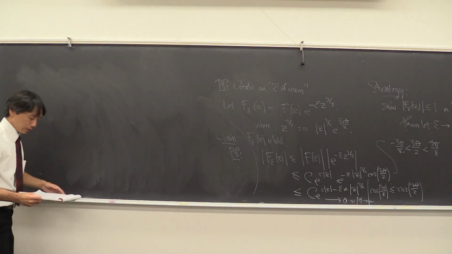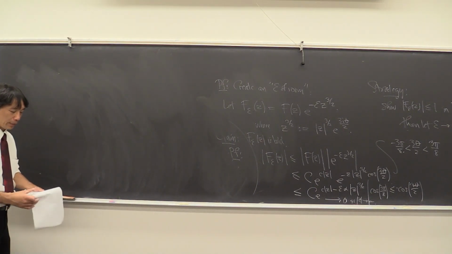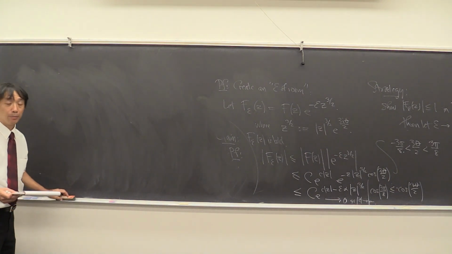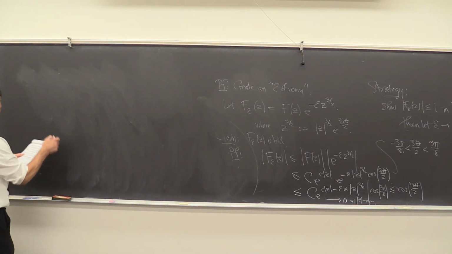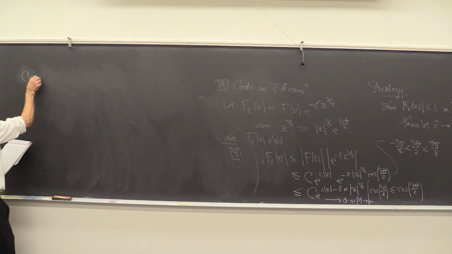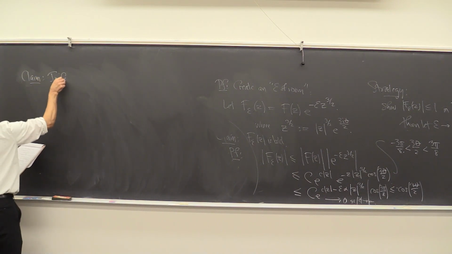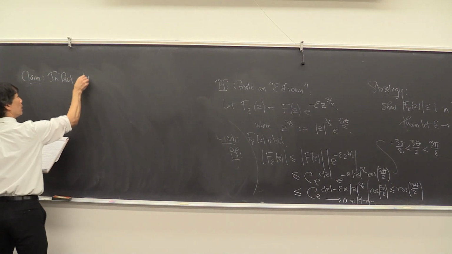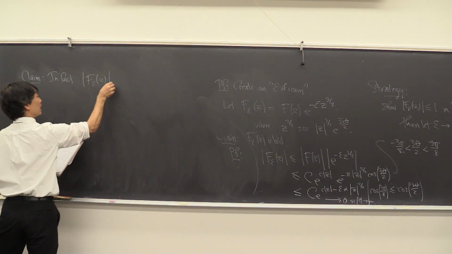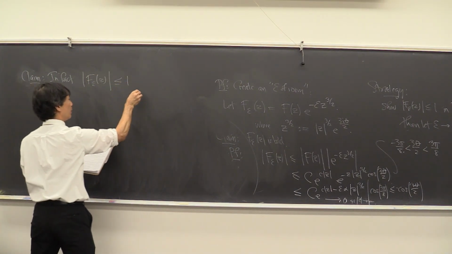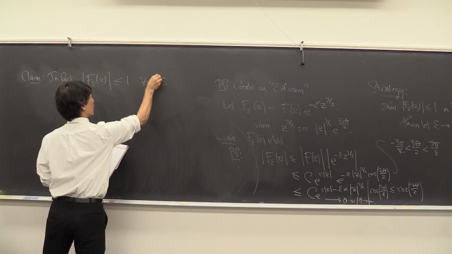Yeah. Okay, so now we'll show that it's not just bounded, but in fact less than or equal to 1. So claim: in fact, f epsilon of z is less than or equal to 1 for all z in S bar.